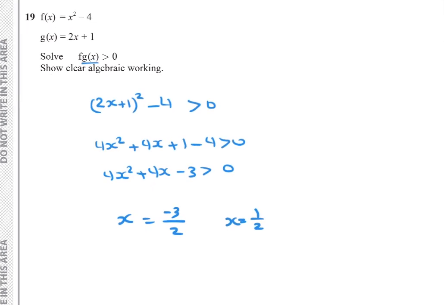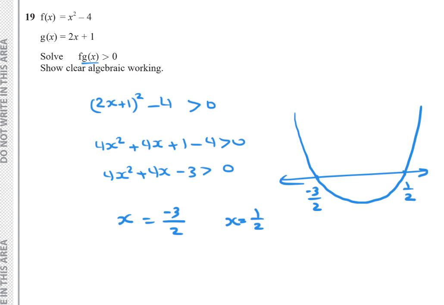So now draw the number line. This negative 3 over 2 and this 1 over 2. This is quadratic, and opens upward, so this is our sketch. I need more than 0, so above x-axis.